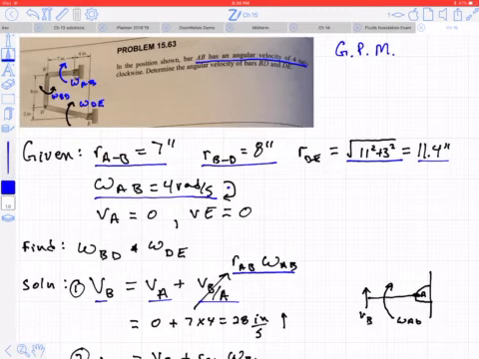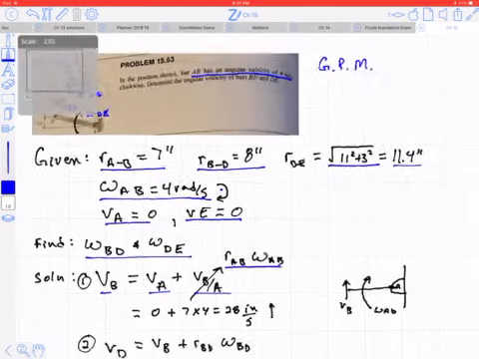And while many of the parts in this linkage are both rotating and translating, point A on bar AB and point E on bar DE are not translating. Those are fixed points. So they have VA and VE of 0, but there is rotation. So again, find omega BD and omega DE.